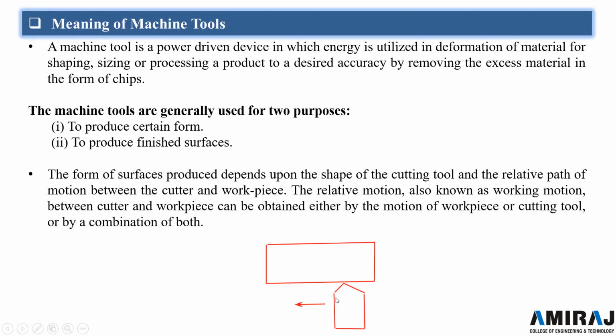Sometimes combined motion is also there, which means the cutting tool can travel in this direction as well as in this direction, and it is also supposed to rotate as well. So this is a brief about the machine tool.